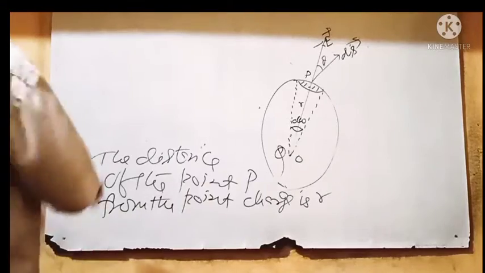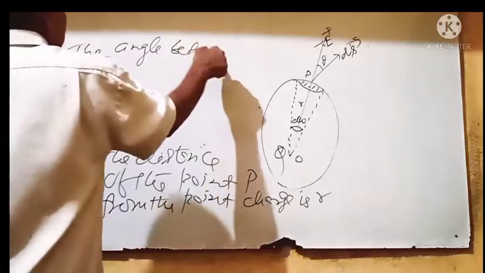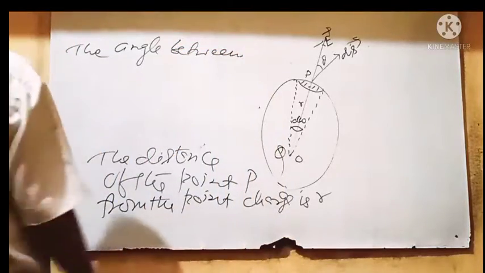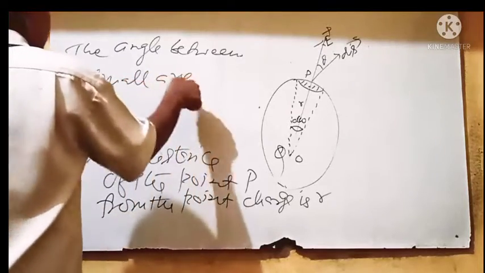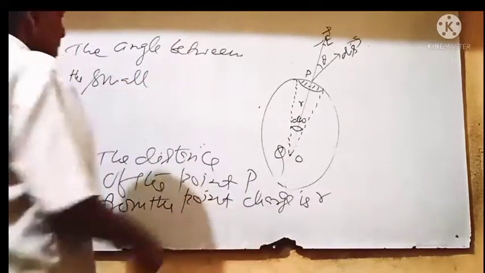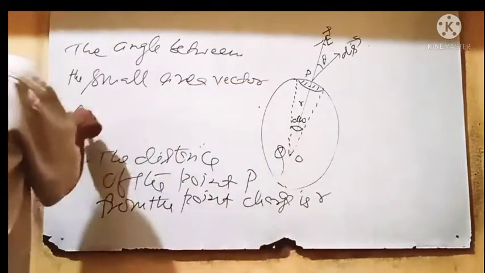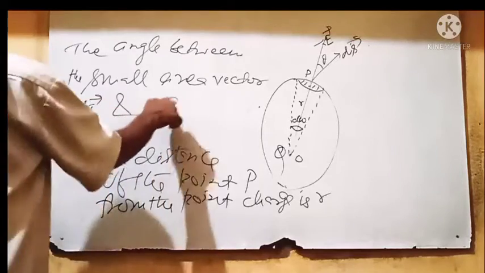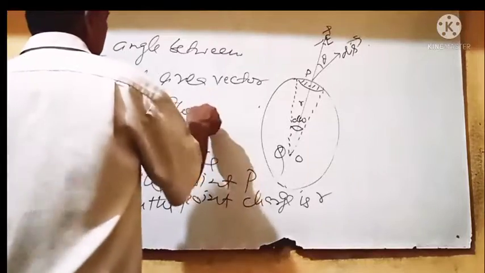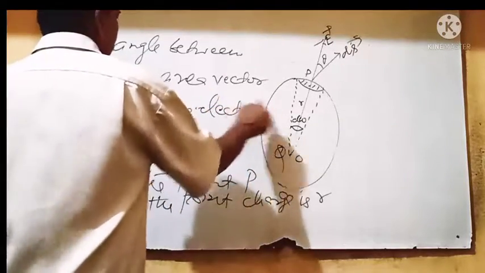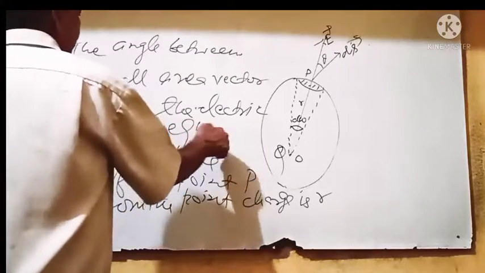The angle between the small area vector ds and the electric field is equal to theta.